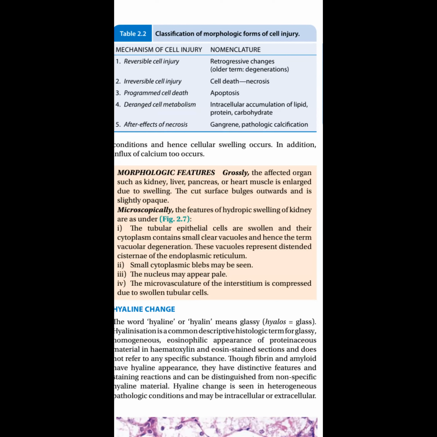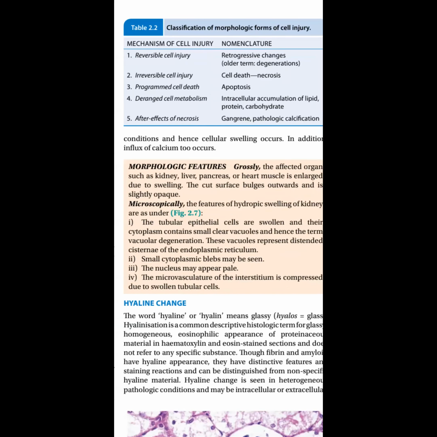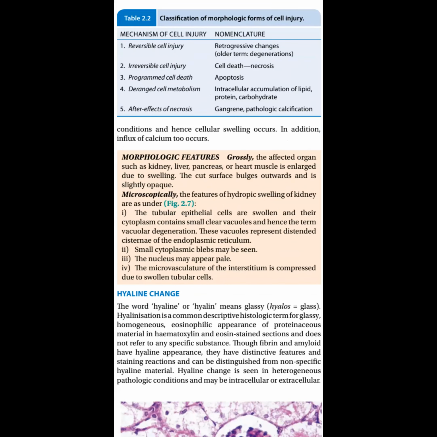The accumulation level is very high, the usage level is very low. So after the accumulation in the cell, it starts accumulating in the blood. So that is the accumulation of these three: lipid, protein, and carbohydrates. And the fifth is the after effect of the necrosis: gangrene, pathological calcification.